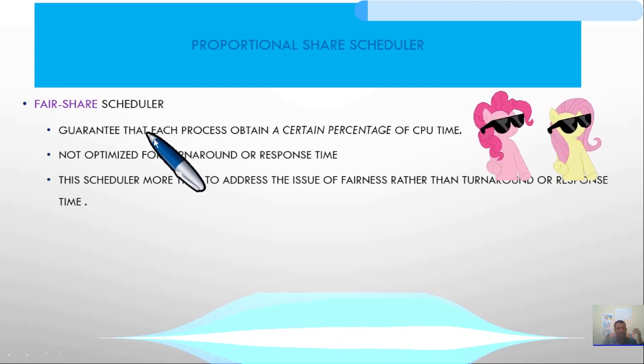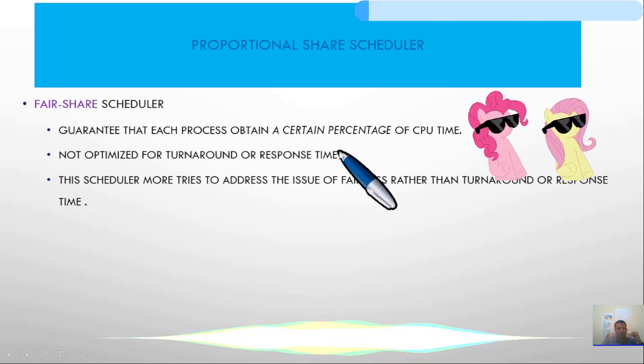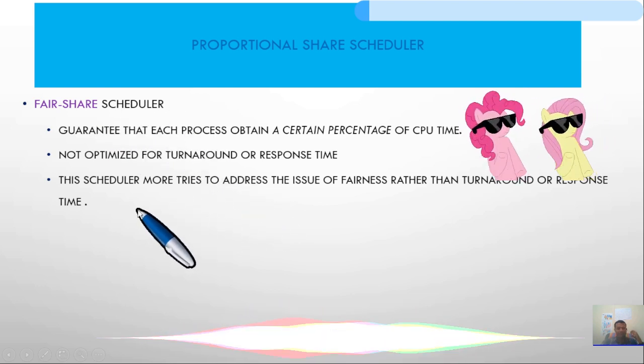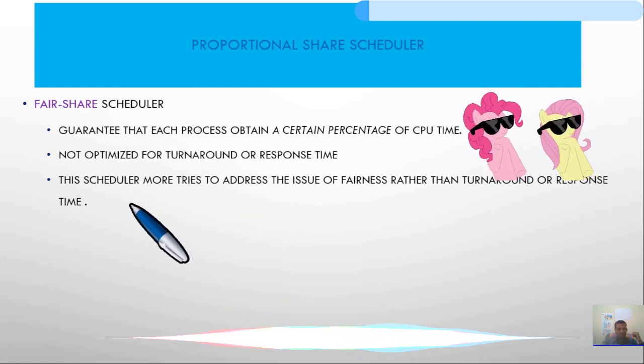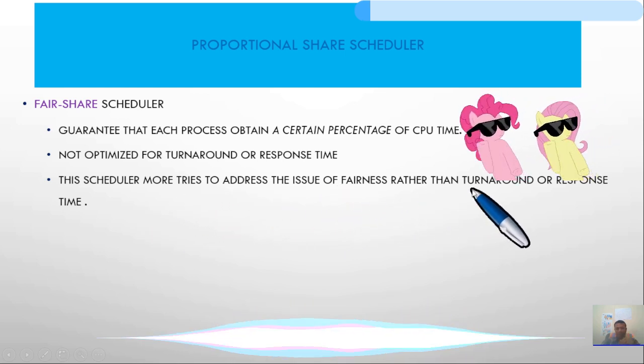This scheduler is not concerned about turnaround or response time. The main idea of the fair share scheduler is the fairness of the process. It tries to address the issue of fairness rather than turnaround or response time.